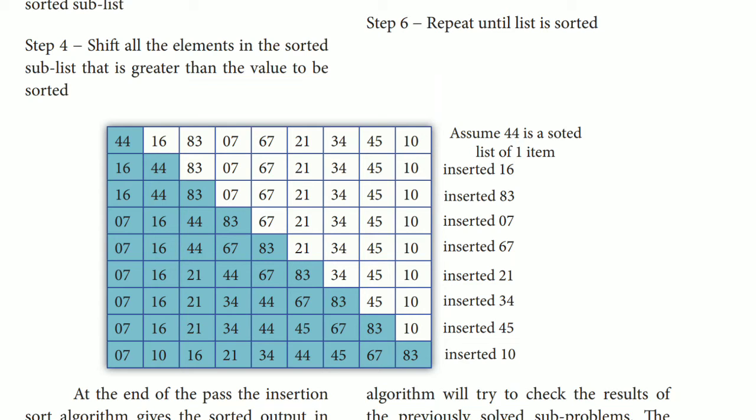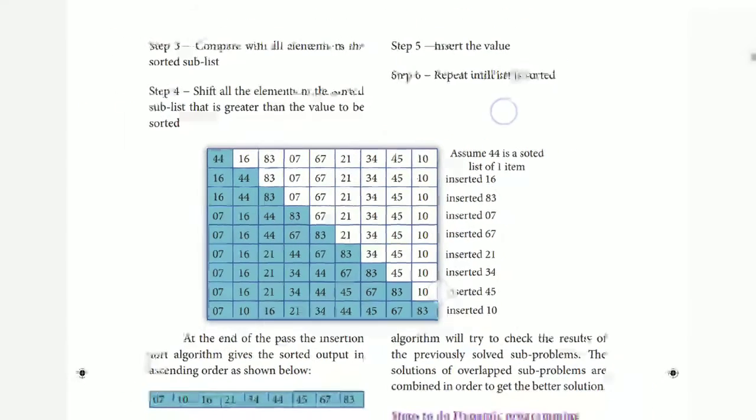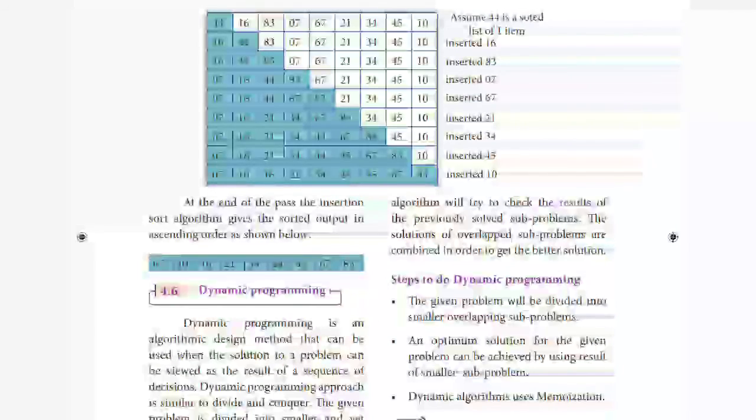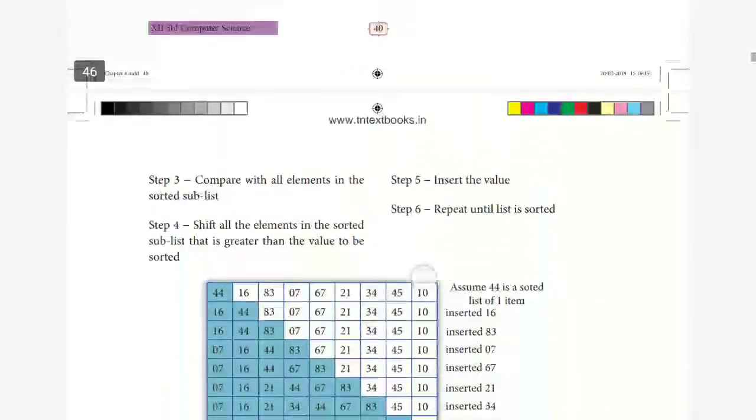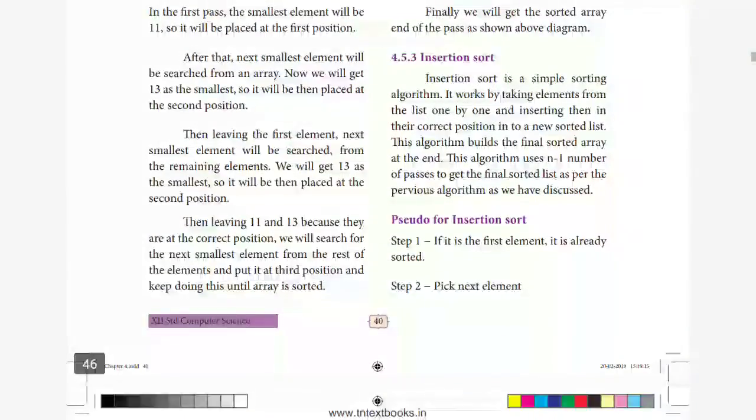So it creates a position there and places the value 7 before 16. Likewise it will keep on inserting and arranging them, placing each in the required position. This is the way of sorting in insertion sort.